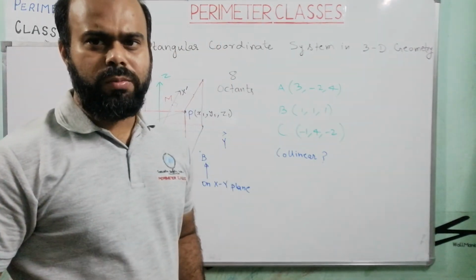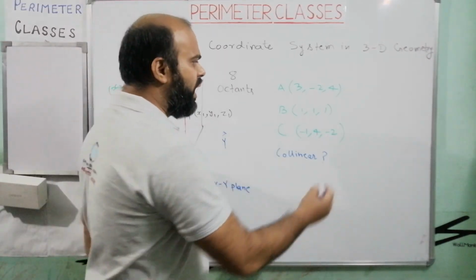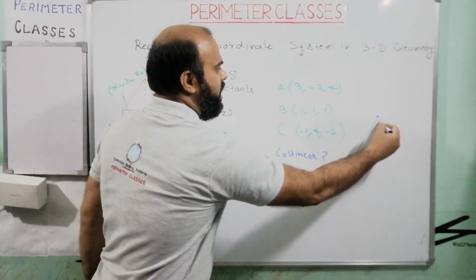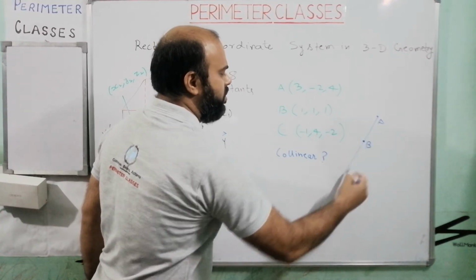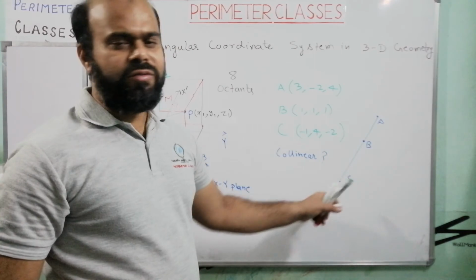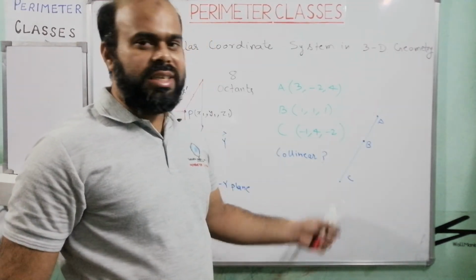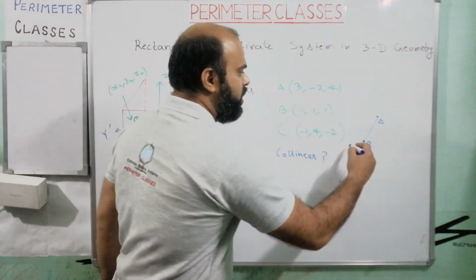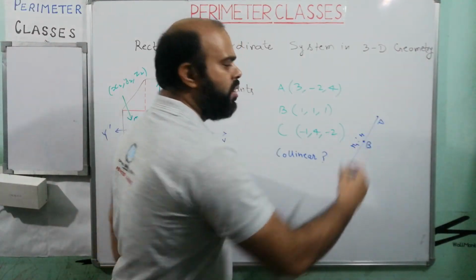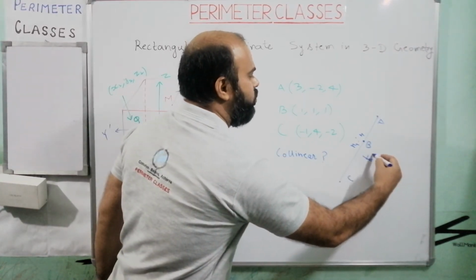So what we assume, that suppose they are collinear. If they are collinear, what will happen? That A, B, C will lie on a line, and let us assume any one of the 3 points, let us take B, divides AC in a ratio m:n. For calculation purpose, we can use k:1.